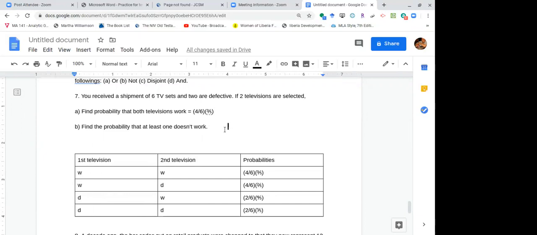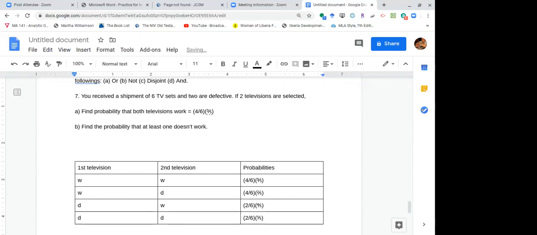This is something that we were doing yesterday. So the probability of at least one does not work equals 1 minus the complement, which is the probability that none, now this is a little weird, that none do not work.